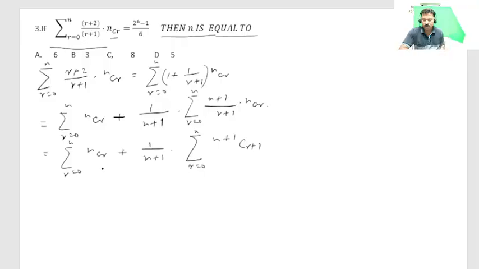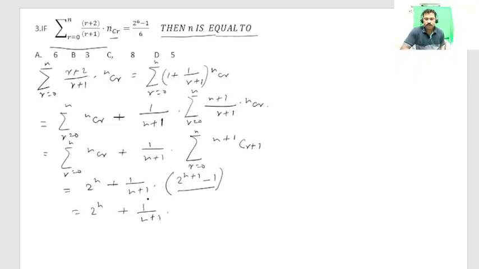Okay, now this is equals to 2 to the power n plus 1 by n plus 1. This should be 2 to the power n plus 1 minus 1, not divided by anything.